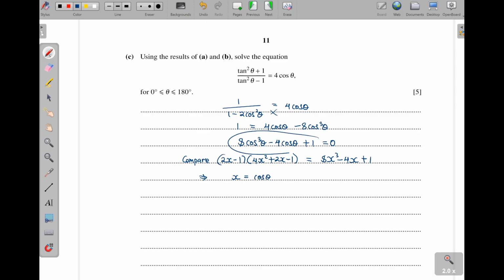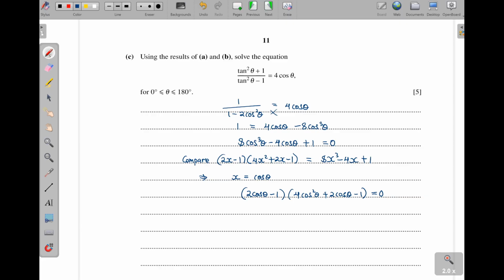So this one here is the same as this, so I'm going to factorize it this way. So we shall now have 2 cosine of theta minus 1, and then 4 cos squared of theta plus 2 cos of theta minus 1. Okay? Then this one here will be equal to 0.